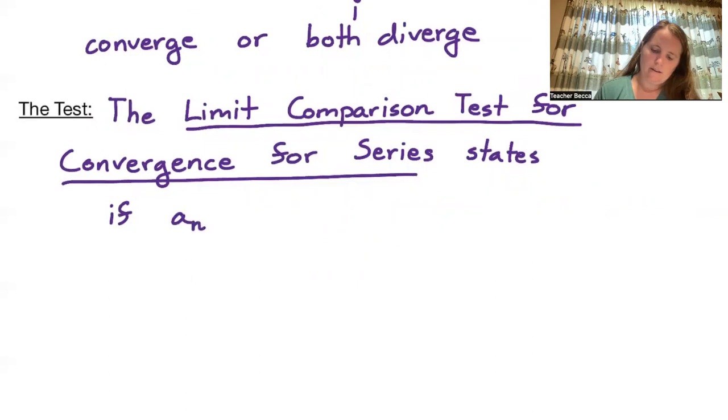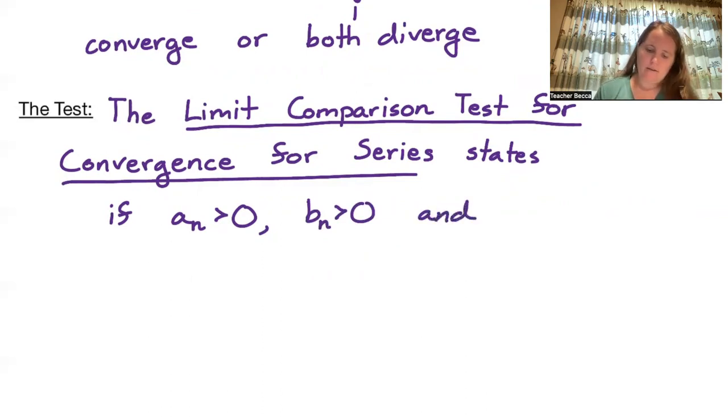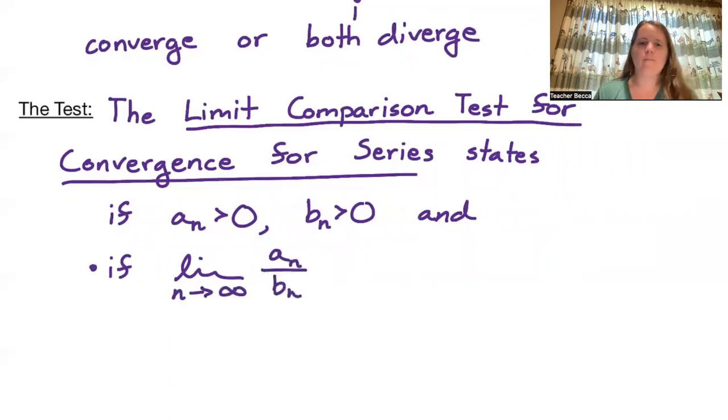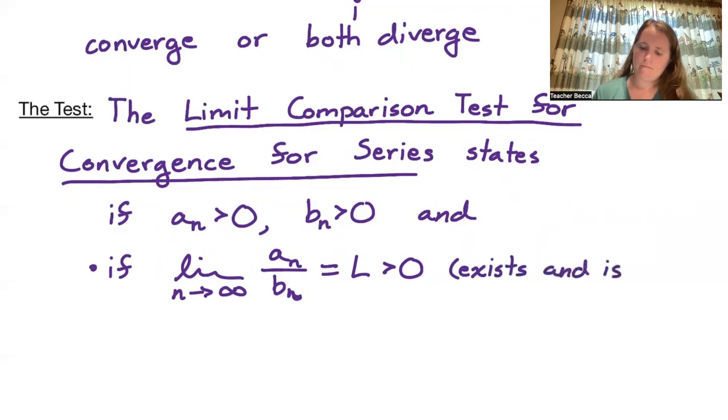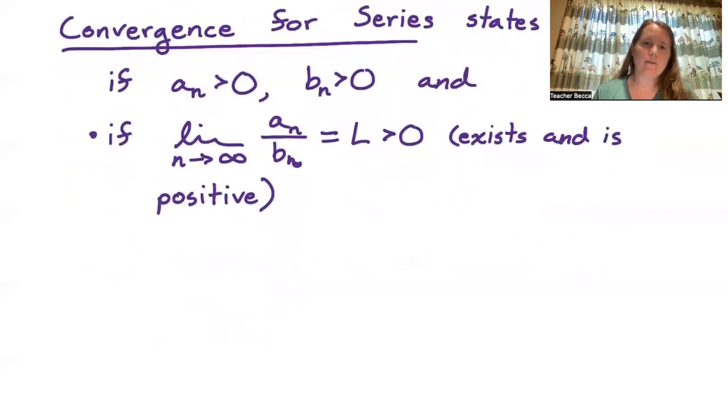a sub n is greater than 0 and b sub n greater than 0, and if the limit as n goes to infinity of a sub n over b sub n exists and is positive, then this series either both converge or both diverge.